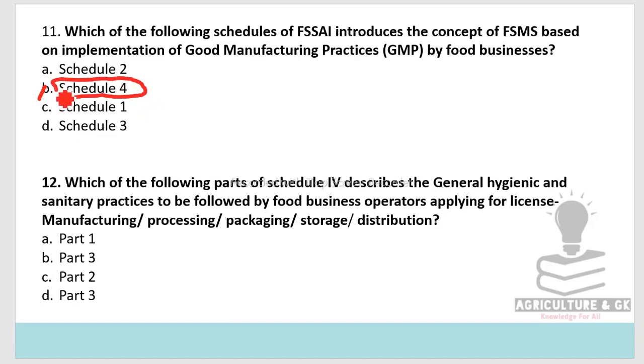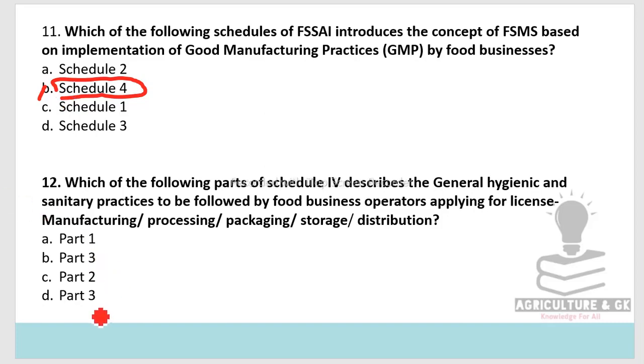Now moving next, which of the following parts of Schedule 4 describes the general hygienic and sanitary practices to be followed by food business operators applying for license, manufacturing, processing, packaging, storage or distribution? Part 1, Part 3, Part 2 or Part 3?